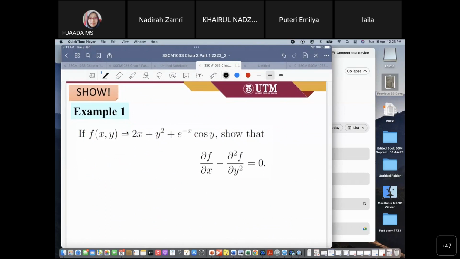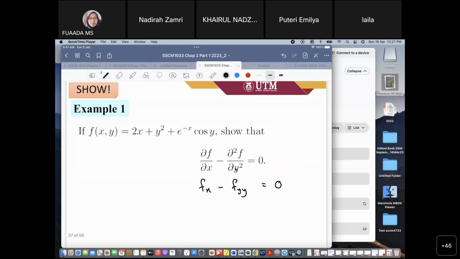So this exam like question, another proving, you have to show from the left you got the right. I mean, you have fx minus fyy, and the answer is 0. So you have to find the fx.